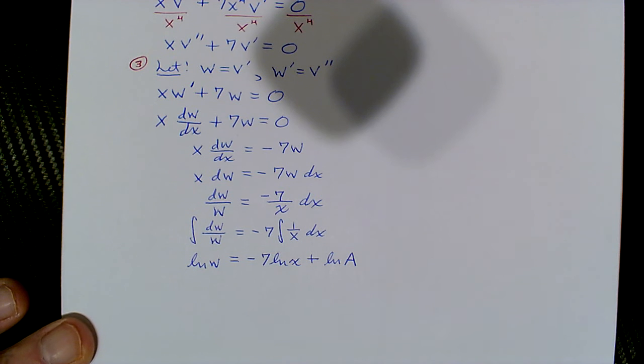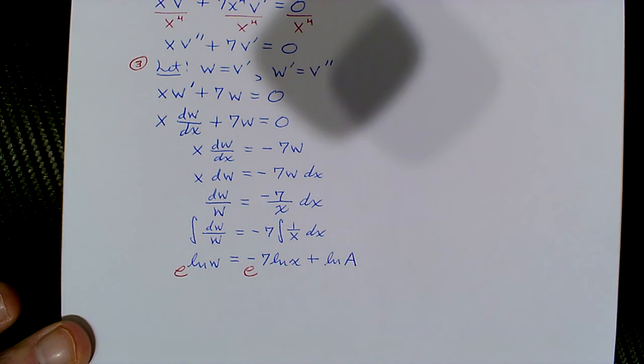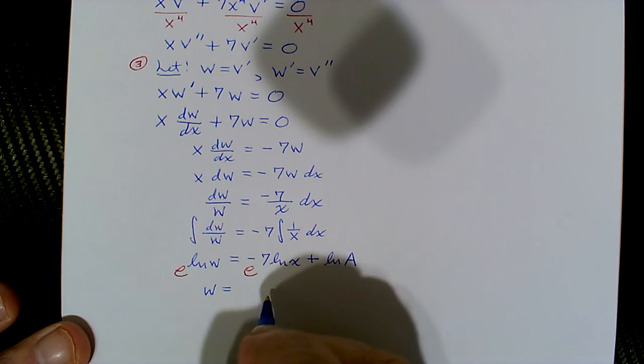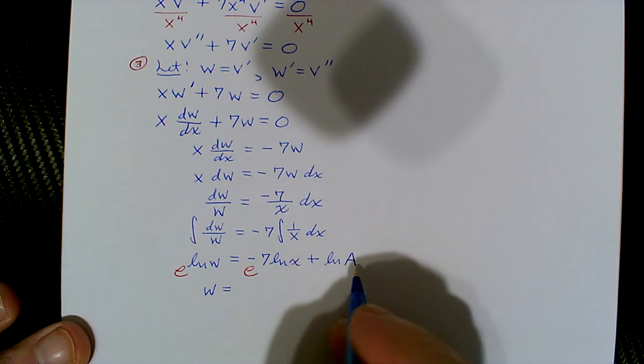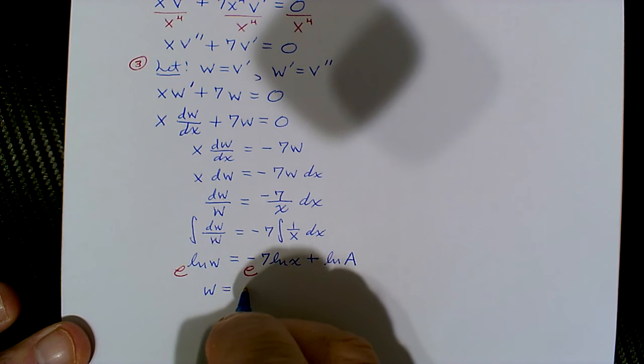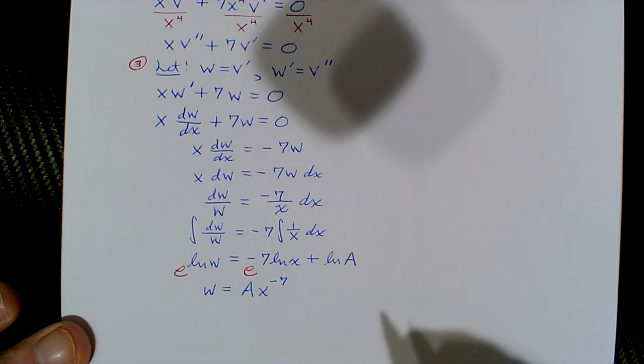So we'll call that the natural log of a. And then we're going to Eulerize to solve for w. So w is equal to, first off, this negative 7 comes up as x to the negative 7th. So then we get a x to the negative 7th.